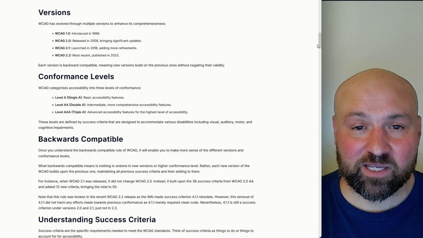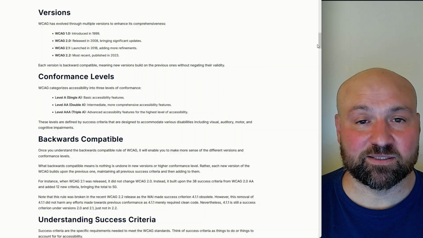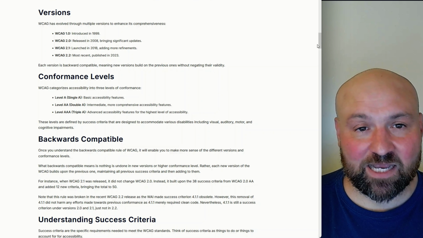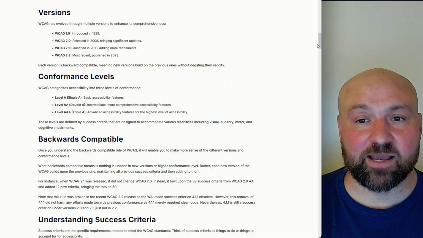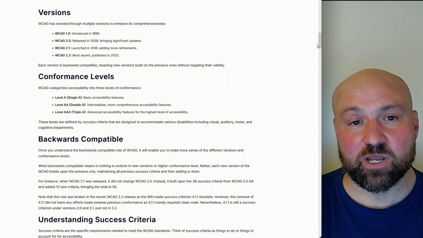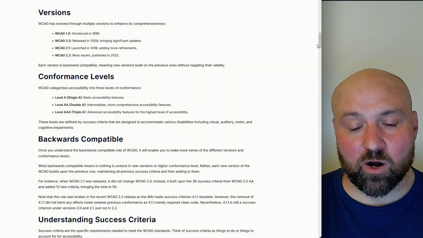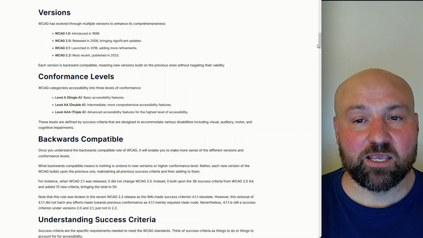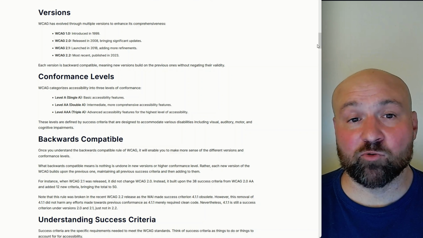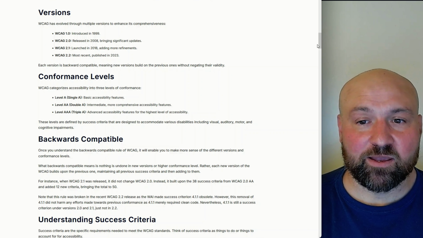So that's really important to keep in mind. Not all success criteria involve the same amount of effort and expertise and experience. So keep that in mind when you have a checklist in mind, that some success criteria are going to take longer to work through than others.